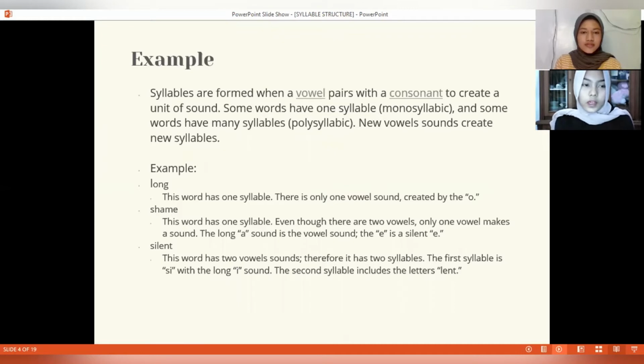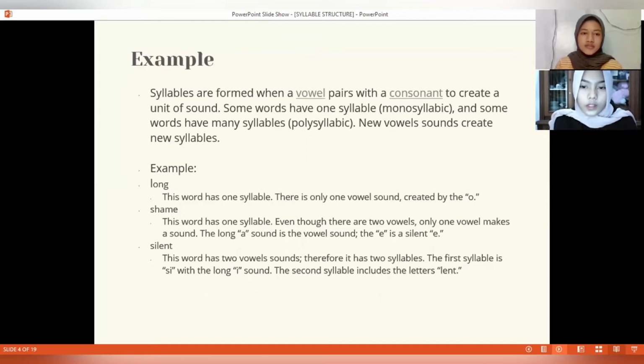In here, there are examples of syllables. Syllables are formed when a vowel pairs with a consonant to create a unit of sound. Some words have one syllable, or we can call monosyllabic, and some words have many syllables, or we can call polysyllabic.